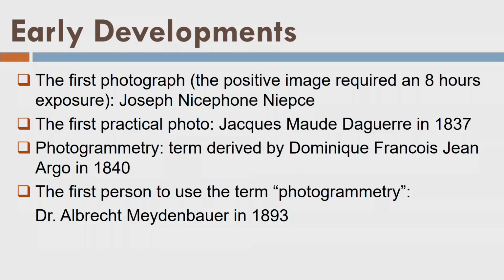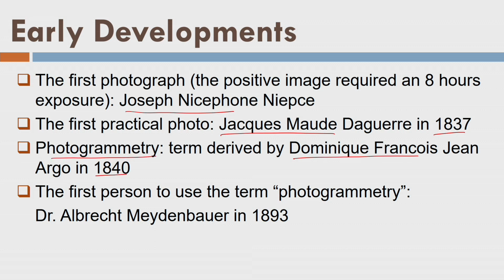Okay. So, in the early development, the first photograph was developed by a scientist called Joseph Nicéphore Niépce, and it took almost 8 hours for him to develop. Well, this was the early stage of development. Then the first practical photo was delivered in this year by this gentleman Jacques Daguerre, and later on Dominique François Arago used the term photogrammetry in this year.